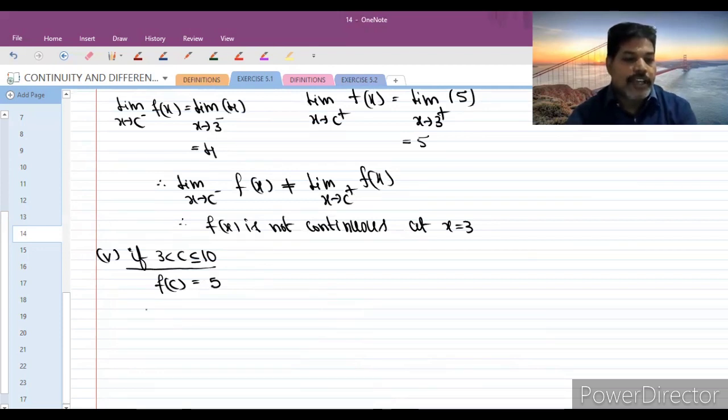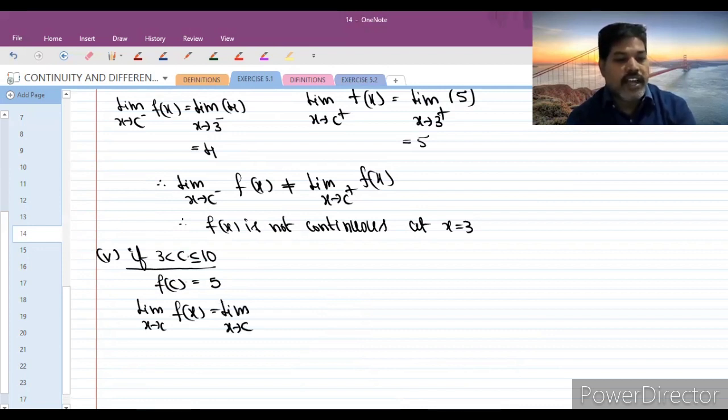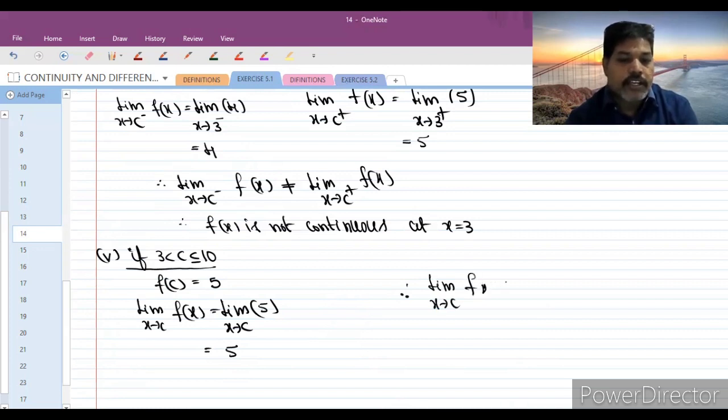So the limit as x approaches c of f of x, since c value lies in between 3 to 10, automatically this value will become 5 only. So therefore, what we can conclude here is that the limit as x approaches c of f of x is equal to f of c.